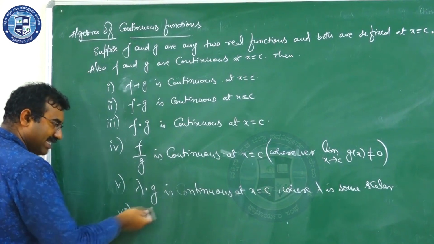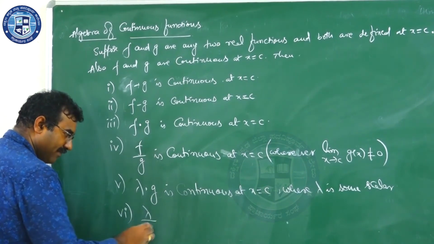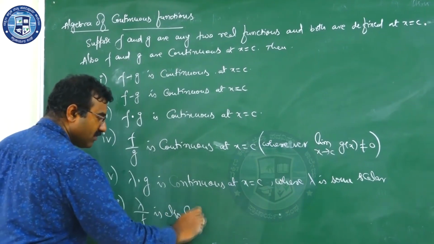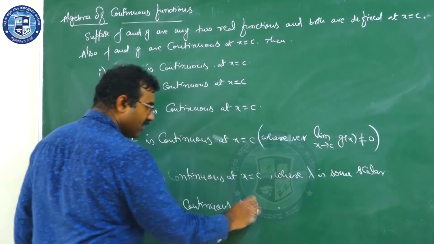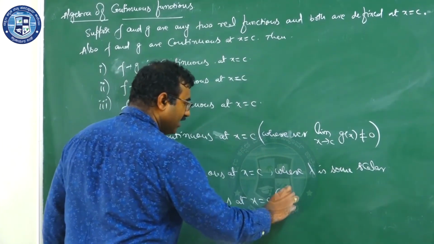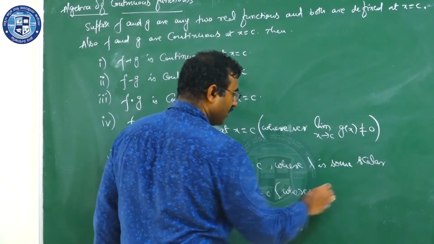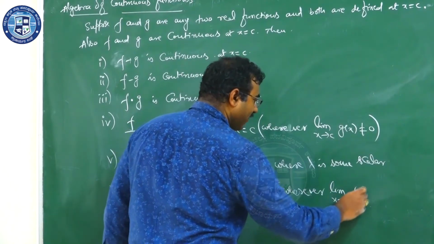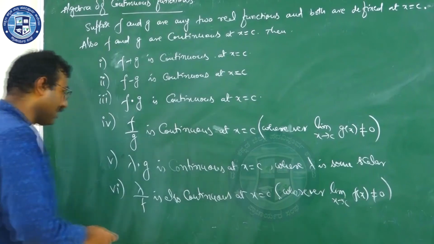Then you can say 1 by f or lambda by f is also continuous at x equal to c, wherever f(x) is not equal to 0.